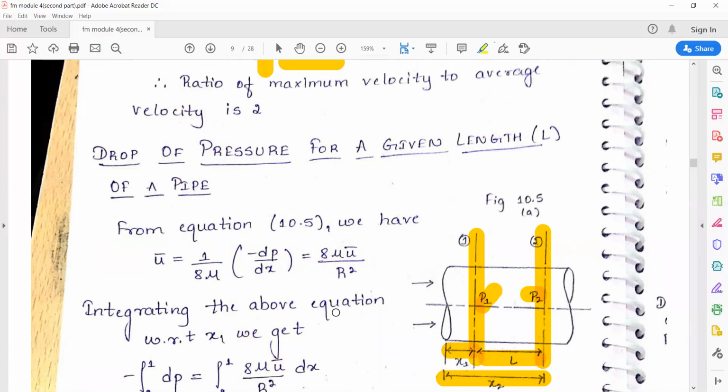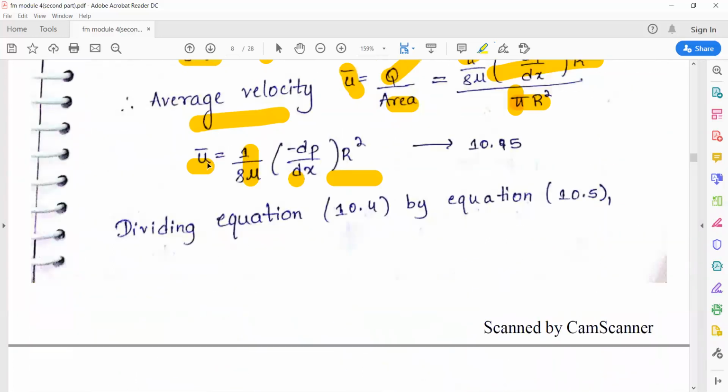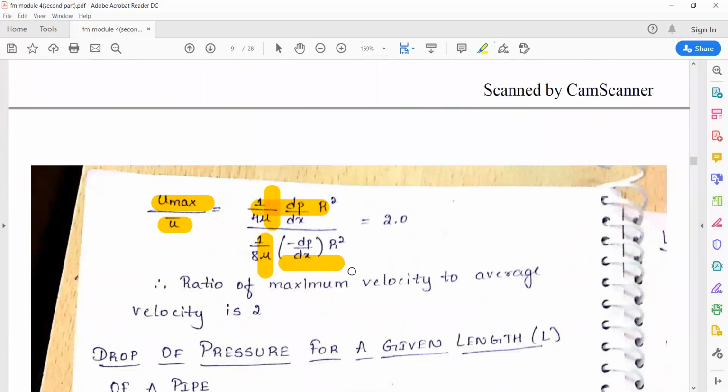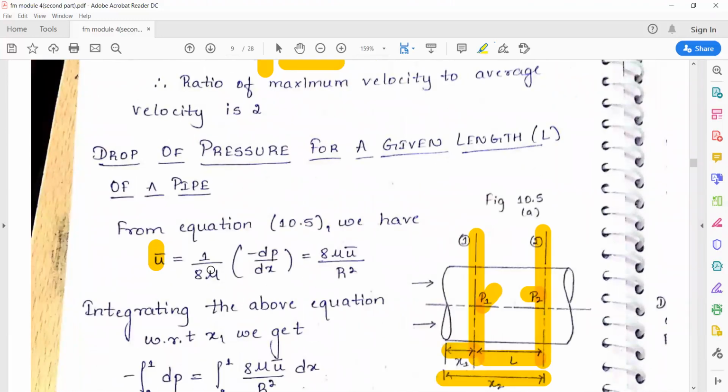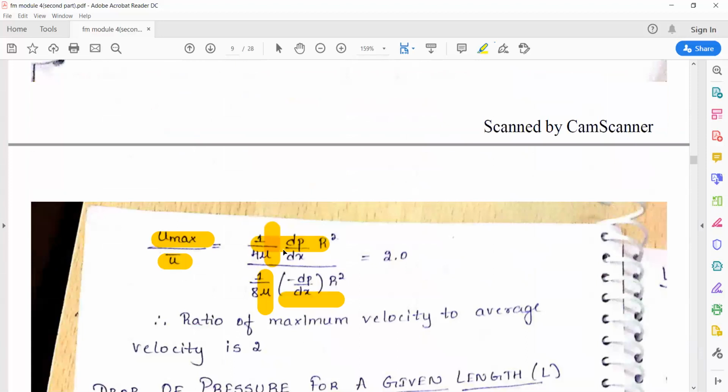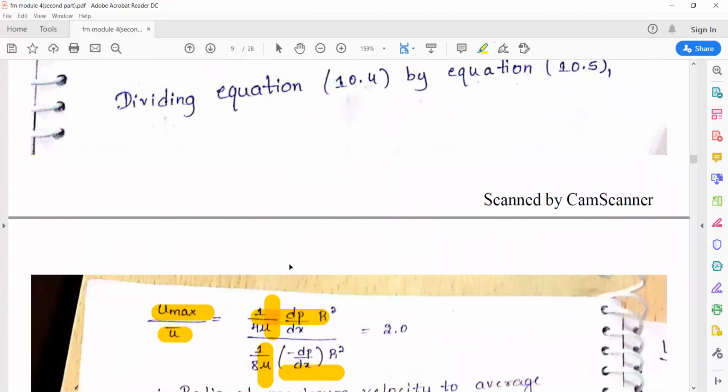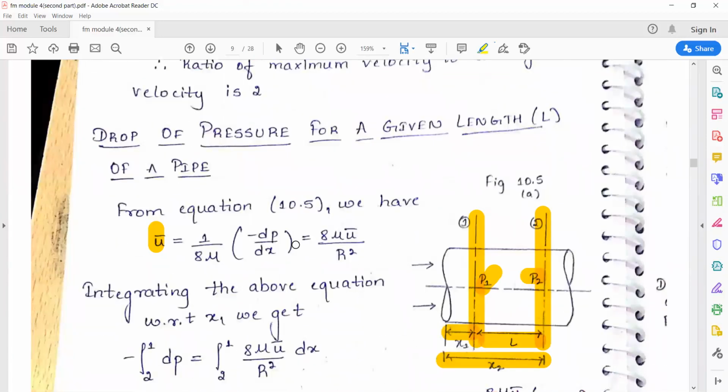To derive the expression for pressure drop, they are making use of the average velocity equation. So here we have the average velocity equation: 1 by 8 mu into minus dp by dx into r square. The same expression they are using here. I think r square is missing here, so you need to add r square.